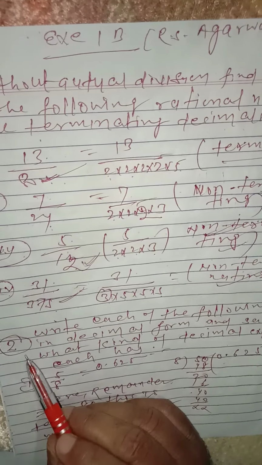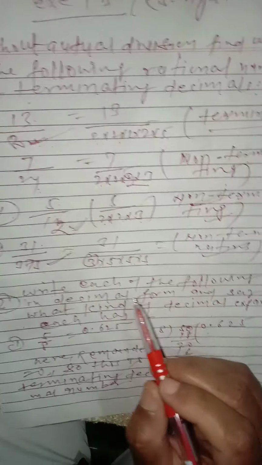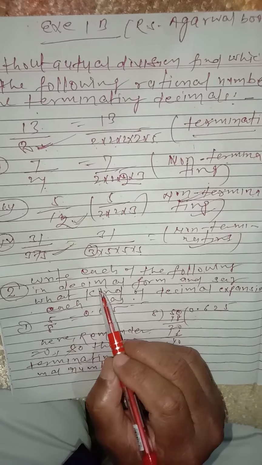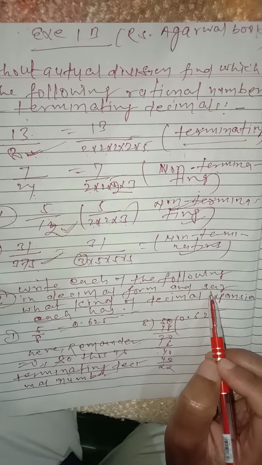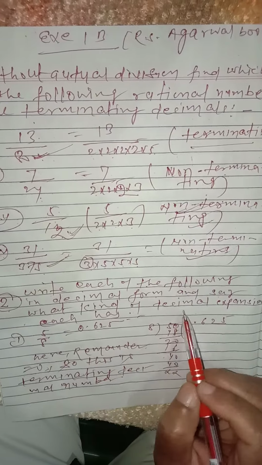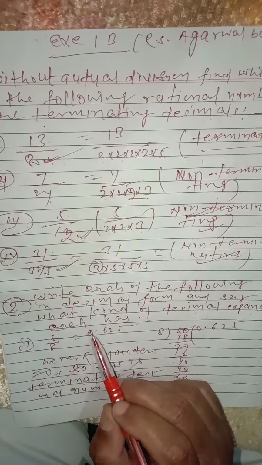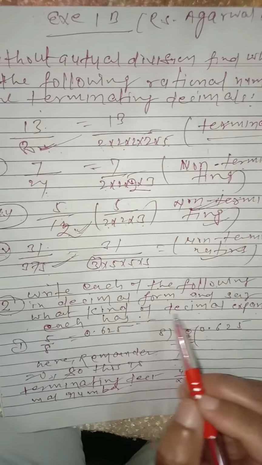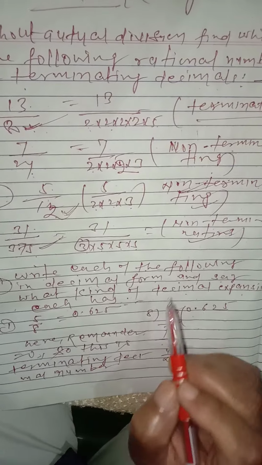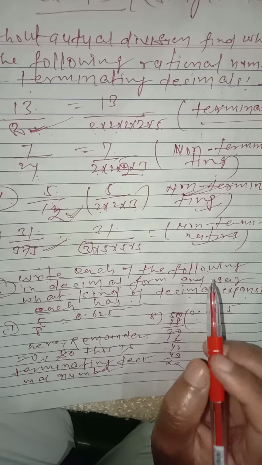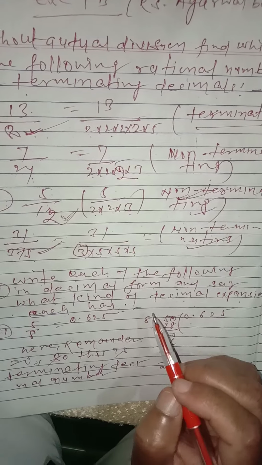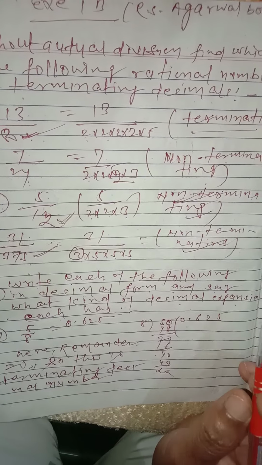Question number 2, write each of the following in decimal form and say what kind of decimal expansion each has. That means change the given number into a decimal number and show whether it is terminating or non-terminating.